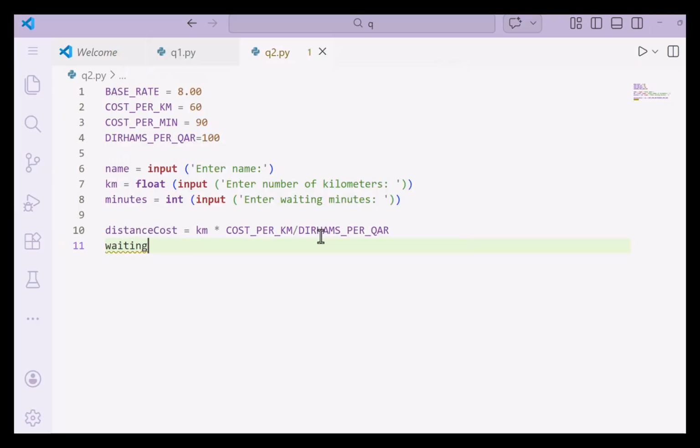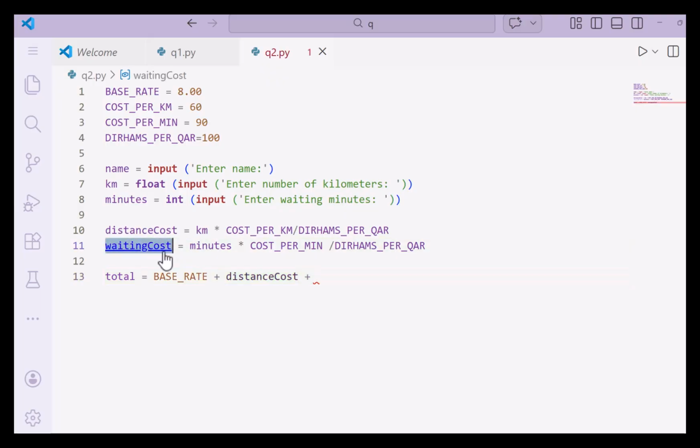Now, waiting cost is going to be minutes multiplied by cost per minute constant, and again divide by 100. And total, of course, remember, is base rate, which is 8 riyals, plus distance cost, plus waiting cost. That's it. All calculations have been done.